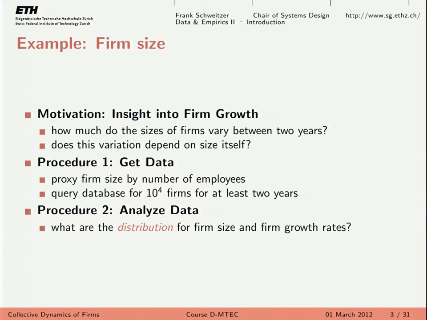But you can also think of other proxies of firm size. Maybe you have a few other suggestions. How can we measure this? Capitalization, right? So that's one. Revenue, yes. So other ideas? Okay. So we will discuss a few, for example, sales is another measure, right?